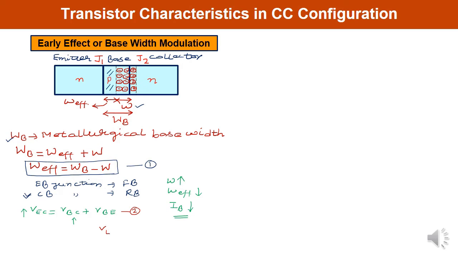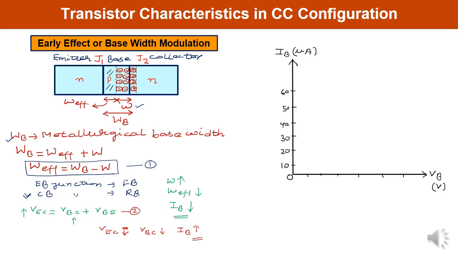Or alternatively, vice versa: when you are decreasing VEC, VBC will also decrease, and at the same time IB will increase, because the reverse bias potential which you are applying across the base collector terminal is decreased. So the depletion layer width will reduce and W effective will increase.